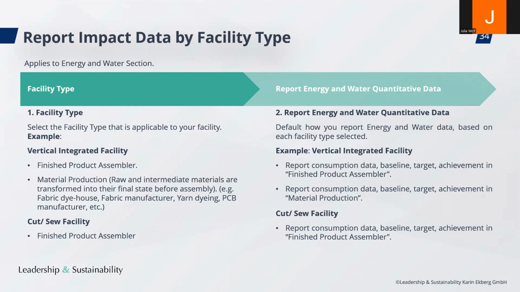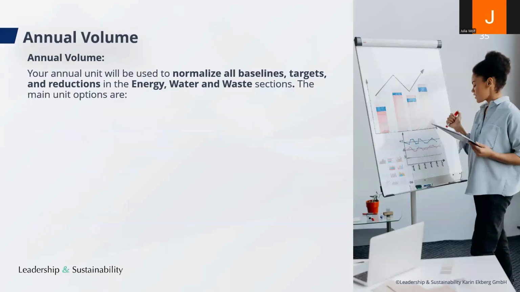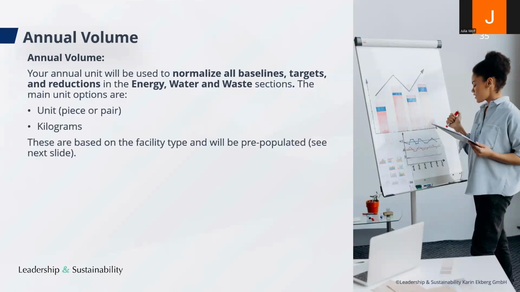So you may have perhaps 2 or 3 or 4 tables that you will need to complete then if you are able to report on these separately. And your annual volume, your annual unit will actually be used to normalize in the sections. So that is also done automatically, and then you have either unit, piece or pair.